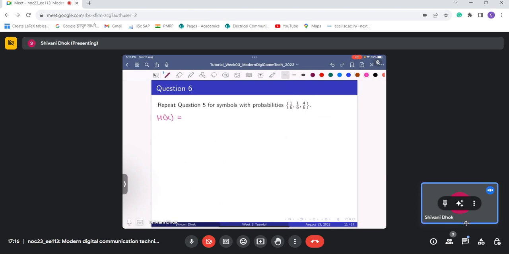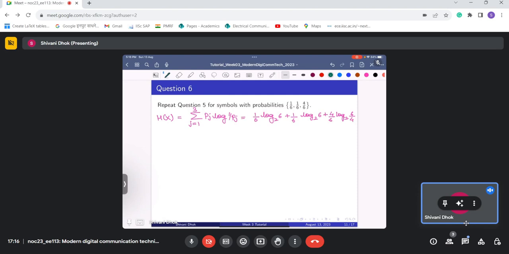So the entropy for this will be summation j equal to 1 to 3 of p_j into log of 1 by p_j. Now this comes out to be 1 by 6 into log to the base 2 of 6, plus 1 by 6 into log to the base 2 of 6, plus 4 by 6 into log to the base 2 of 6 by 4.